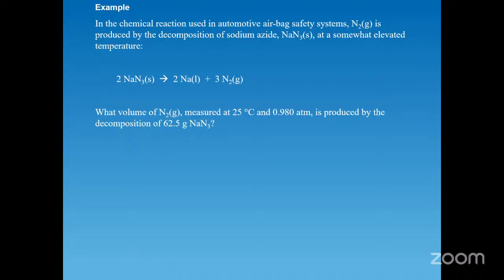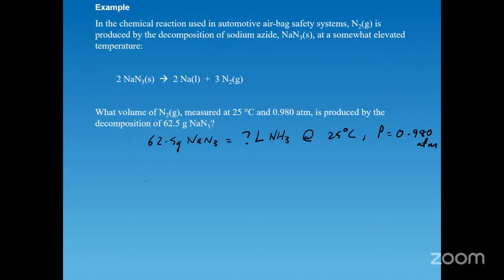So the question gives you 62.5 grams of NaN3, and they're asking for the volume, presumably in liters, of nitrogen at 25 degrees Celsius and P equal to 0.980 atmospheres.